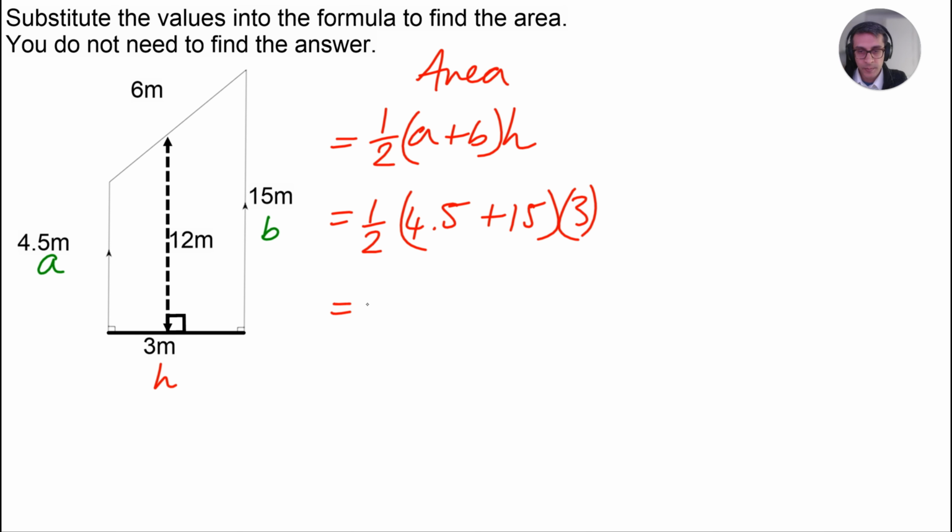And then this will be half 19.5, times 3. Now, we're not going to work out the final answer. We would just use a calculator for that. You can work it out without a calculator, but we're not going to focus on that bit yet here.